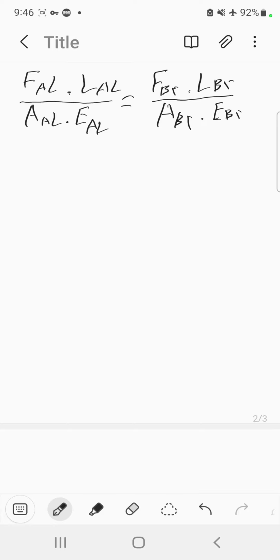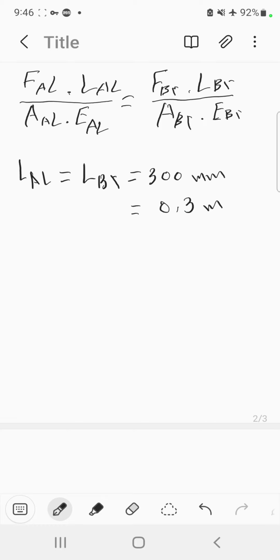The length of AL is the same as the length of BR, which is 300 millimeter, so it's equal to 0.3 meter, or 300 times 10 to the power minus 3 meter. Both are the same.